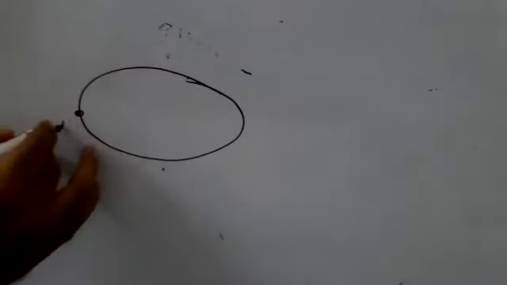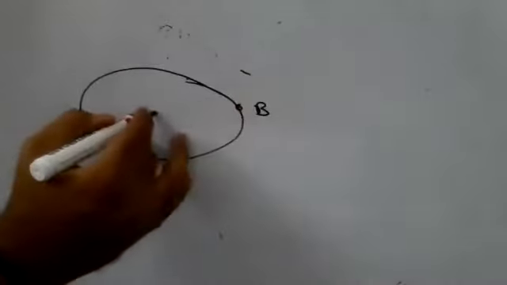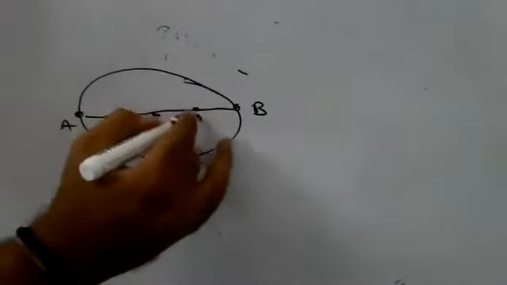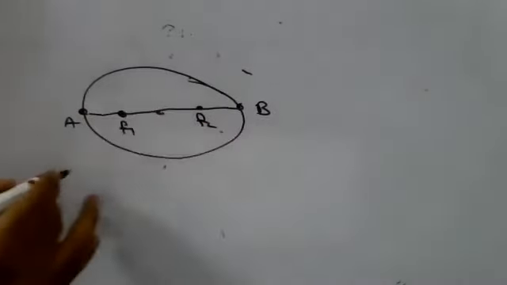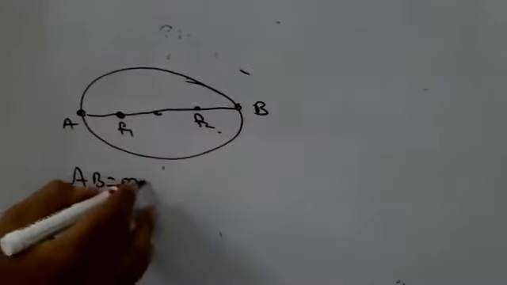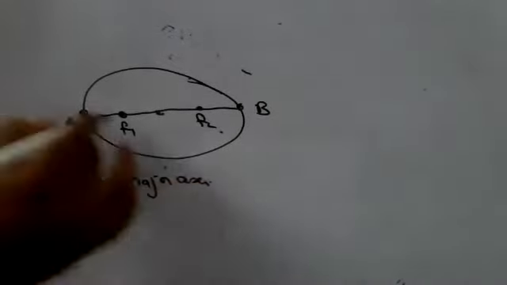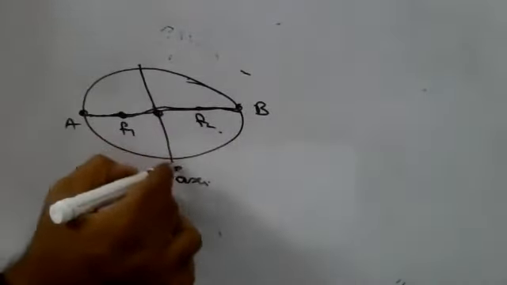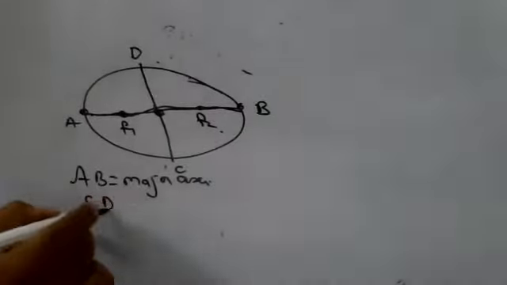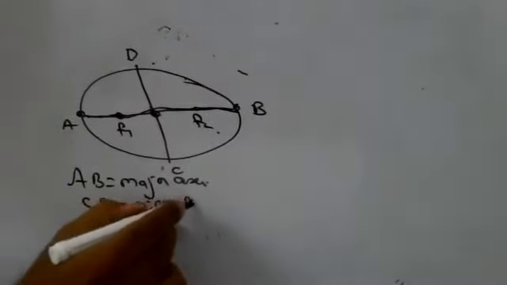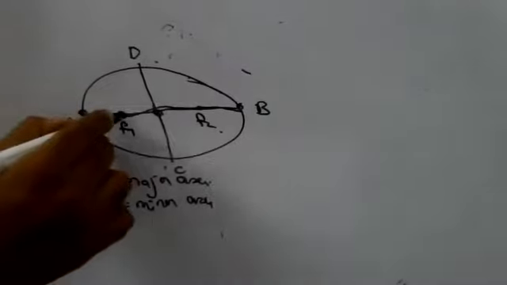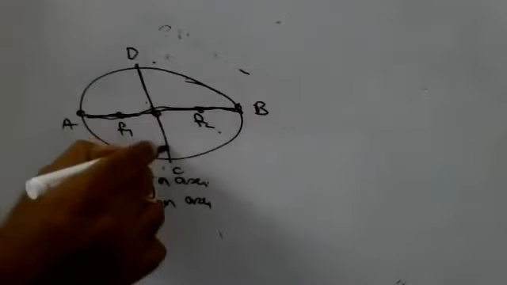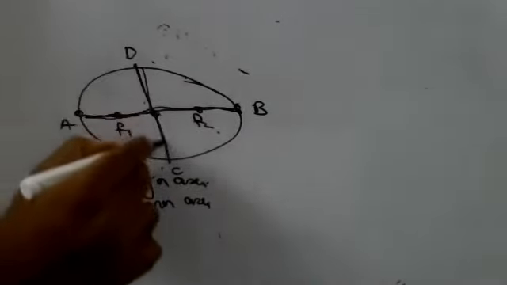From this vertex to this vertex through the center, the line passing through F1 and F2 is called the major axis, and the line which is exactly perpendicular to the major axis is called the minor axis.